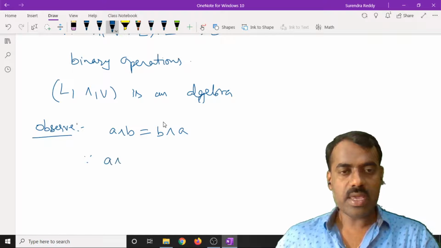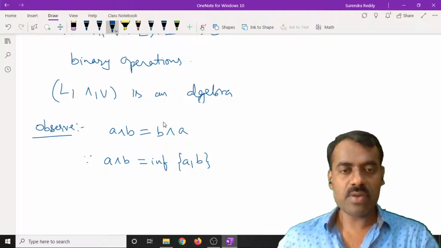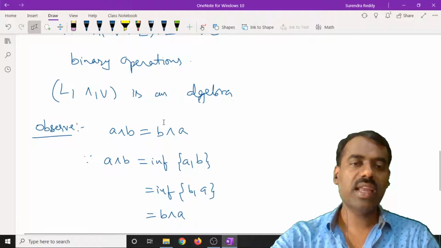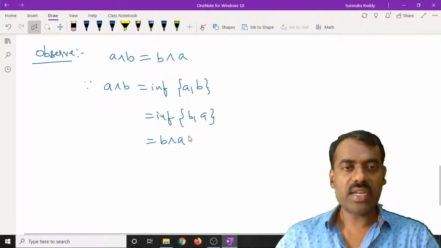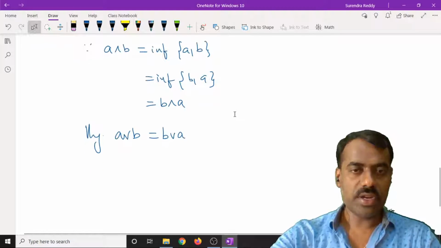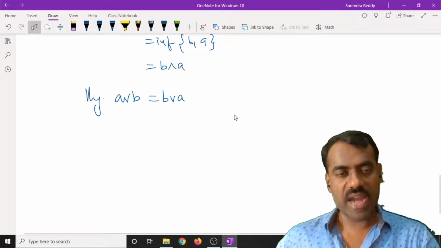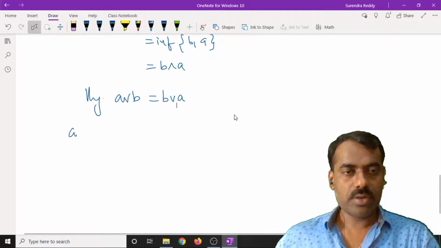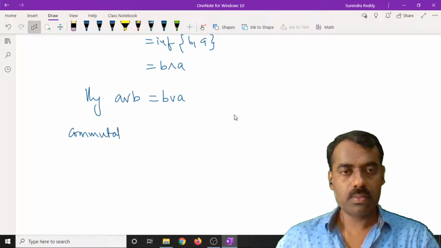Since A meet B is infimum of A comma B, but infimum of these two elements is the same as infimum of B comma A, which is B meet A. Similarly, A join B is the same as B join A. These two are called commutative properties or commutative identities.